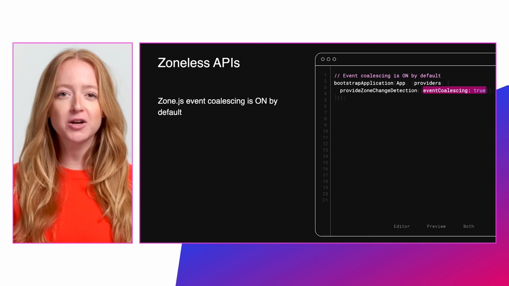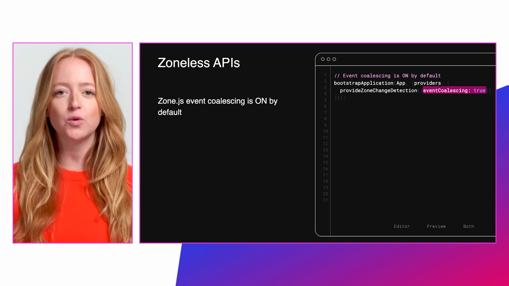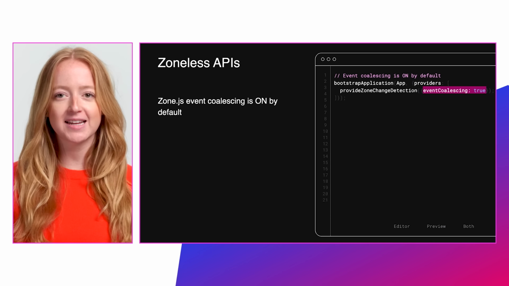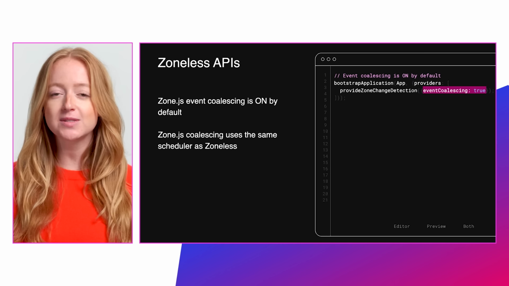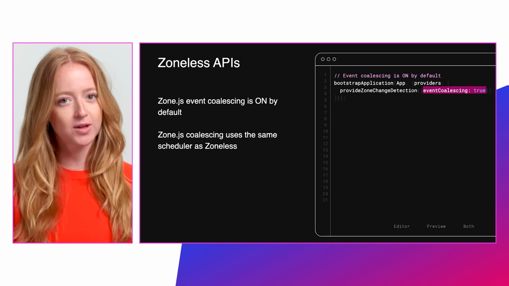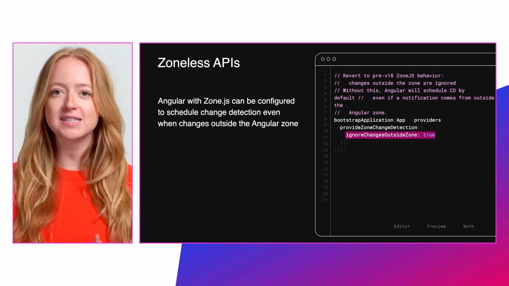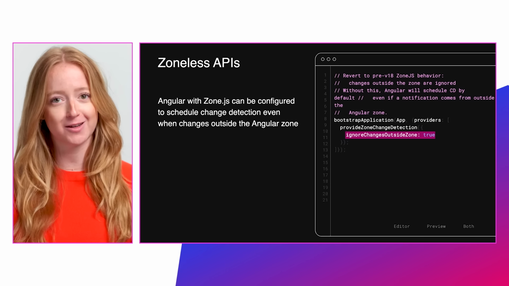V18 includes some incremental improvements that allow you to explore removing zones in your code starting today. Zones event coalescing is on by default in V18, and zone coalescing uses the same scheduler as Zoneless. Angular with Zone.js can be configured to schedule change detection even when the changes happen outside the Angular zone.